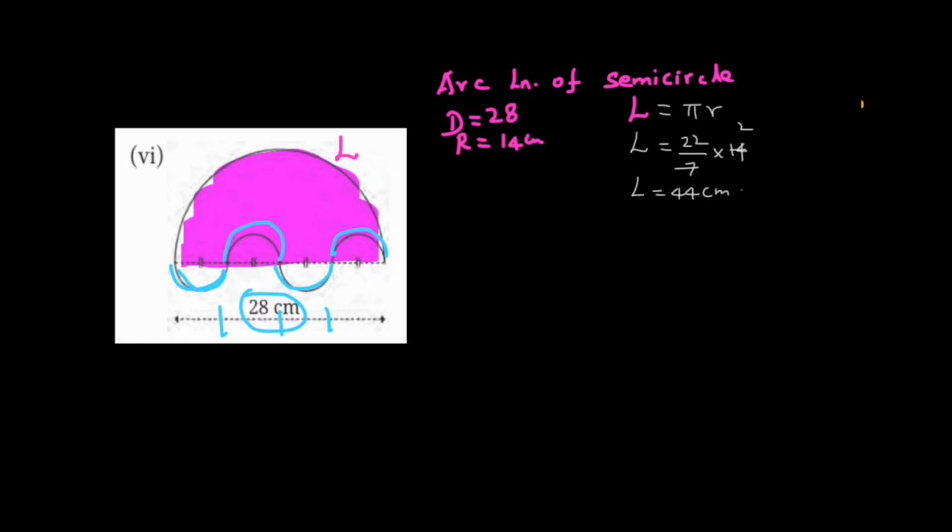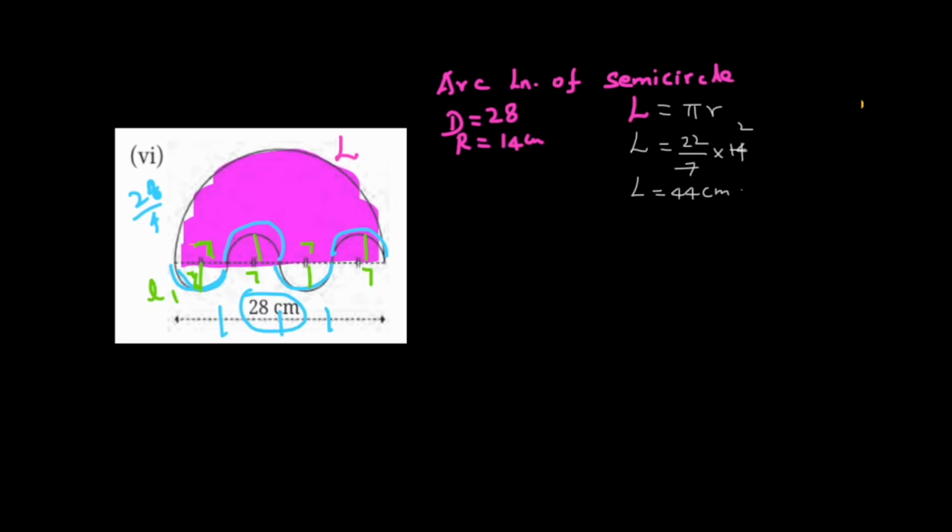So 28 divided by 4 is 7. So here our diameter is nothing but 7. All the semicircles have radius 7 by 2.